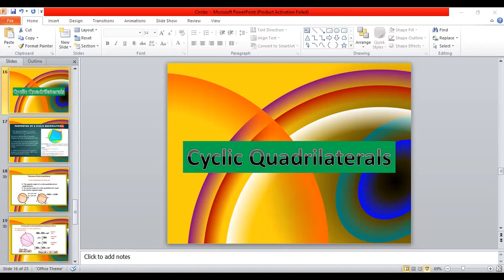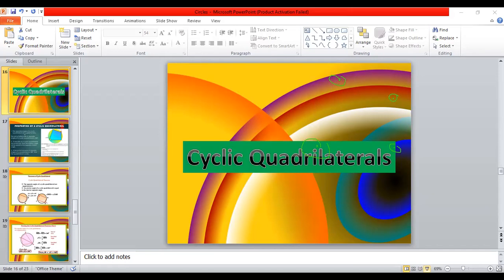Look at your screen. This quadrilateral inside is what we mean as the cyclic quadrilateral. And all the vertices, remember, vertex is the meeting point of two line segments. We have vertex A, vertex B, vertex C and vertex D. Vertex is singular, only one.